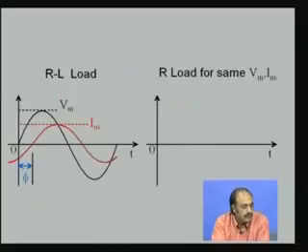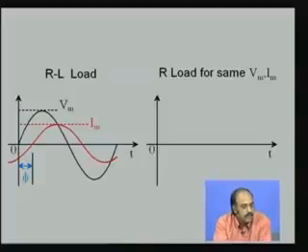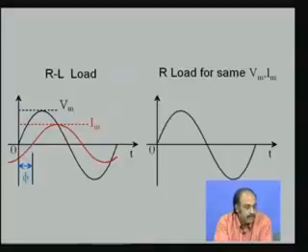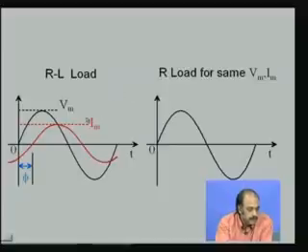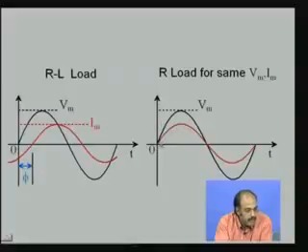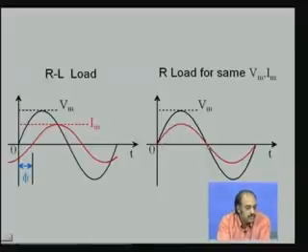Now, this will have a comparative voltage and current waveform for the R with the same Vm and Im as follows. This should have the same Vm, same Im, but the only thing is, in the R case the phase shift is not there, it is in phase with V.